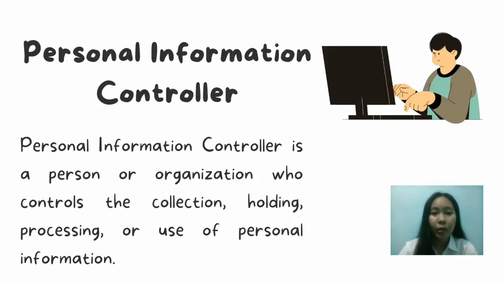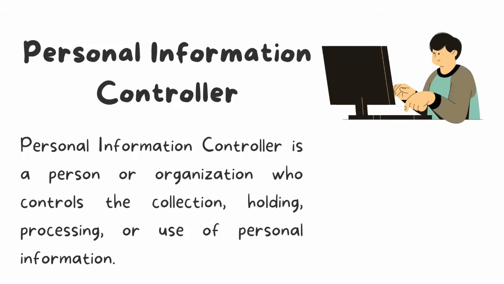Next is the personal information controller. It is a person or organization who controls the collection, holding, processing, or use of personal information. The personal information controller controls the processing of personal information, including a person or organization who instructs another to process personal information on his or her behalf.